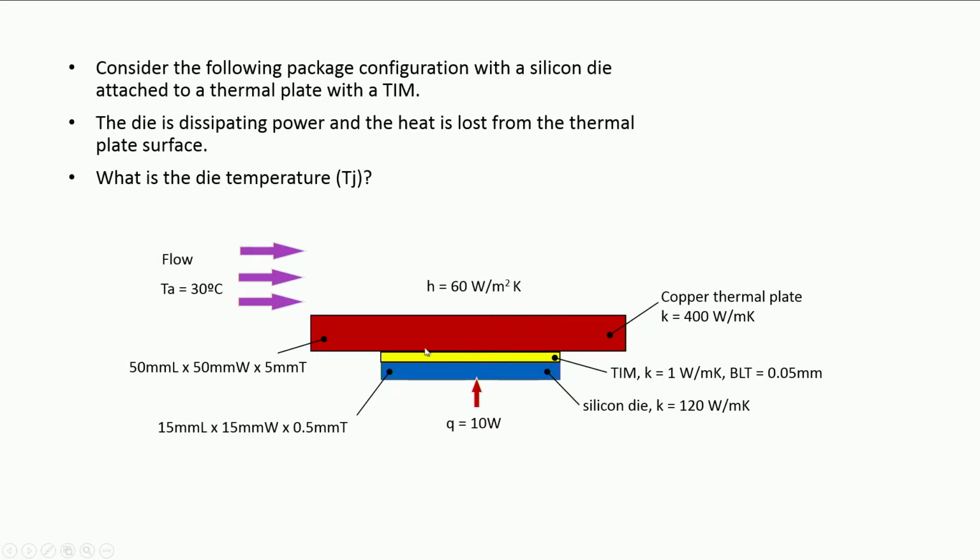Okay. If the copper plate is very thin, it may so happen that the heat does not get enough thickness to spread out completely, and therefore, if you take a temperature contour on the top surface, you are going to see a central area of higher temperature surrounded by a peripheral area of lower temperature.